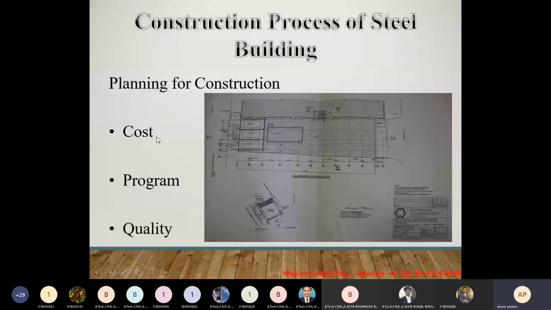So the cost is subject to the various constraints. Okay, the locally available material. If you want to minimize the cost of the construction, we can use the locally available material. We can reduce the transportation cost. So we can hire the locally available machinery for the construction, therefore we can minimize the cost.